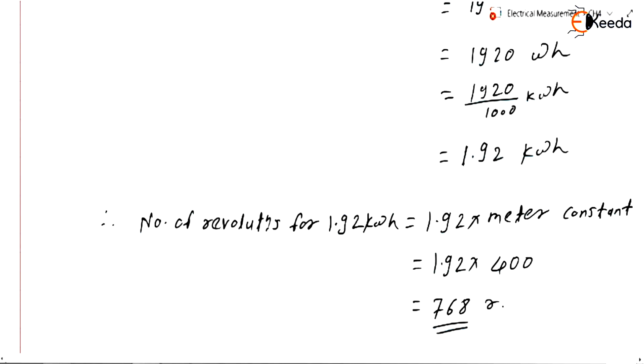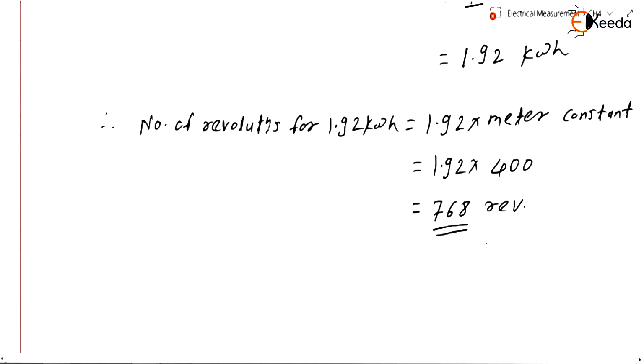Okay, 768 revolutions. So therefore the meter speed, they have asked in rpm, is equal to number of revolutions for 1.92 kilowatt hour, that is 768, divided by 1 hour, which is nothing but 60 minutes.